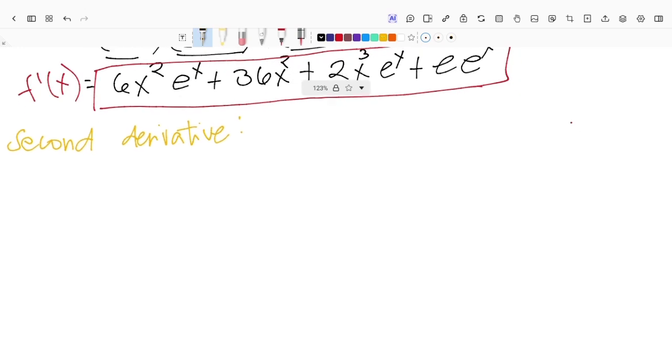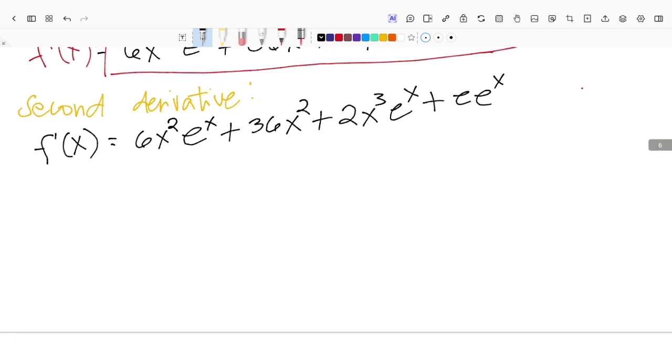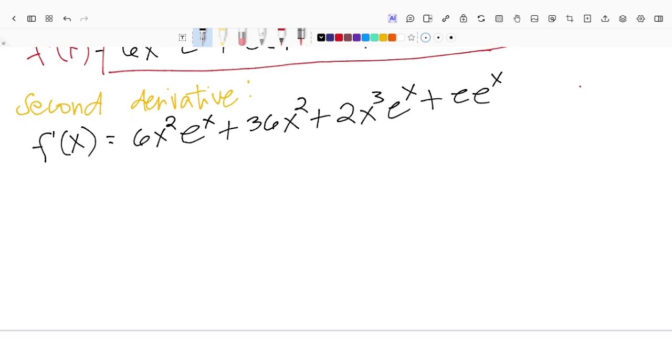So our function now is the derivative of f of x, our first derivative. We have 6x squared e raised to x plus 36x squared plus 2x cubed e raised to x plus e raised to x. We will get the second derivative of this function.